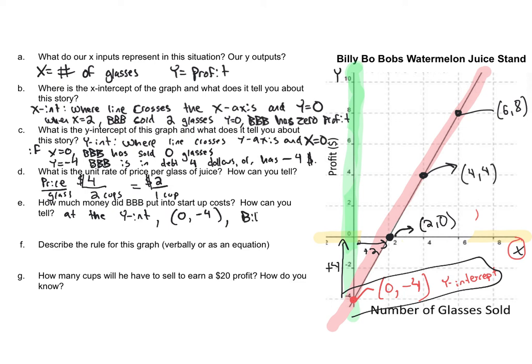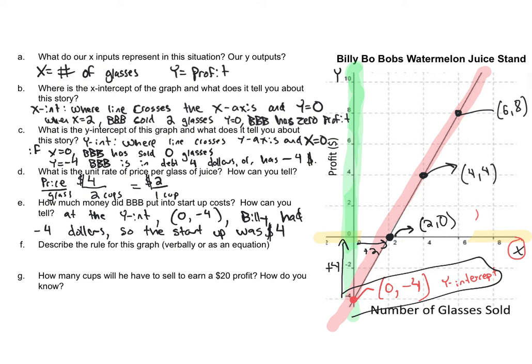Billy had -$4. So the startup cost was $4. So before he'd sold anything, he was $4 in debt, which means he spent $4 getting this all put together.